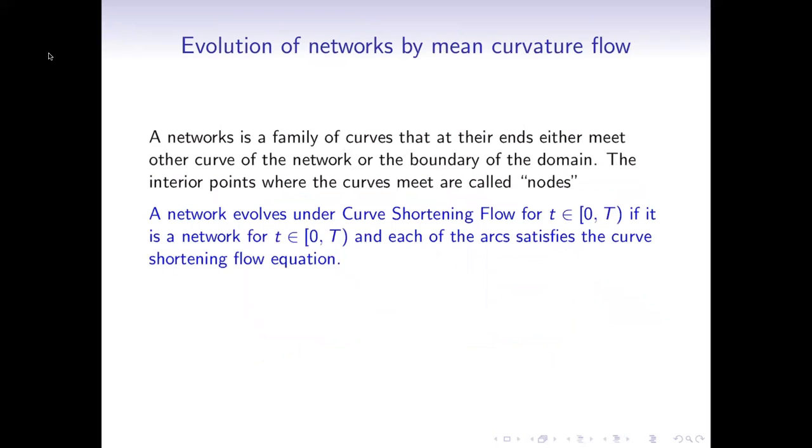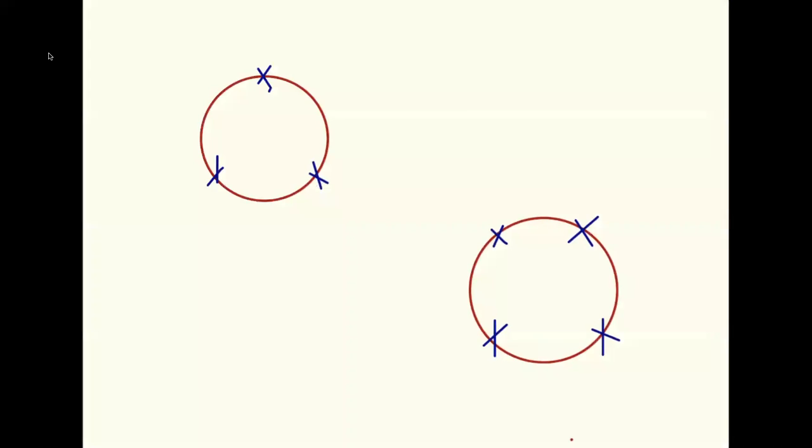So each curve is going to satisfy the curve shortening flow equation. And the question that you should ask yourself, and if we had a bit more time, or if we were in person, I would ask you, is a simpler question: if you have 3 points and you want to find a minimizing connection between these 3 points, so you want to find some sort of network that connects the 3 points and has minimal length, what would that be?